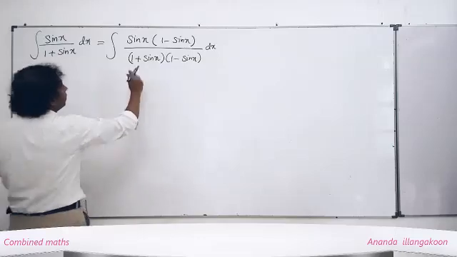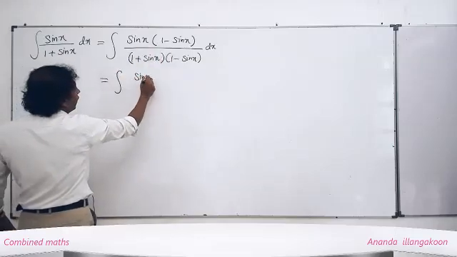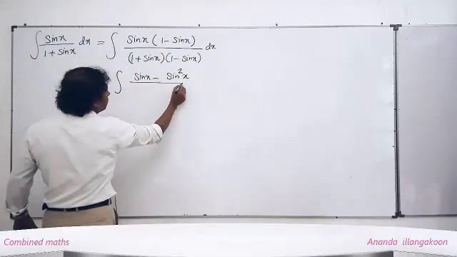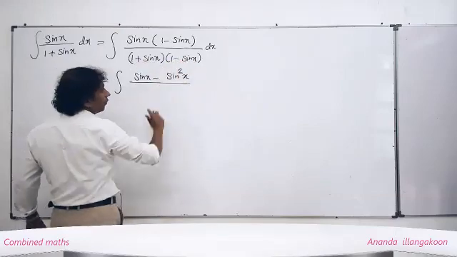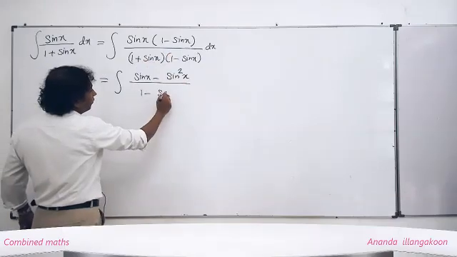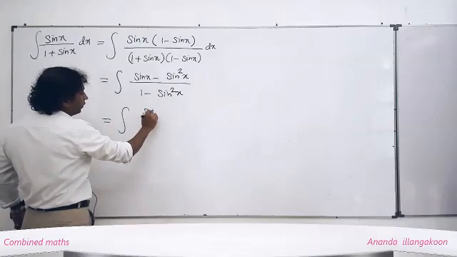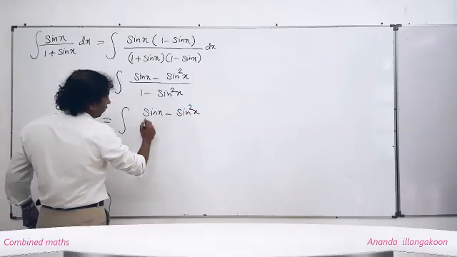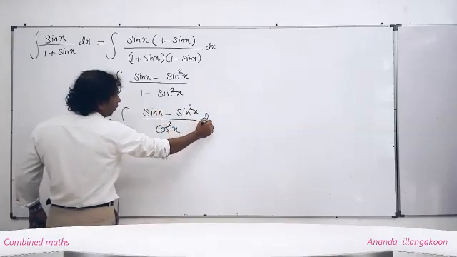Here this and this you can multiply: sin x minus sin squared x. What do you get? 1 squared minus sin squared x, 1 minus sin squared x, no? Then this is sin x minus sin squared x divided by cos squared x dx.